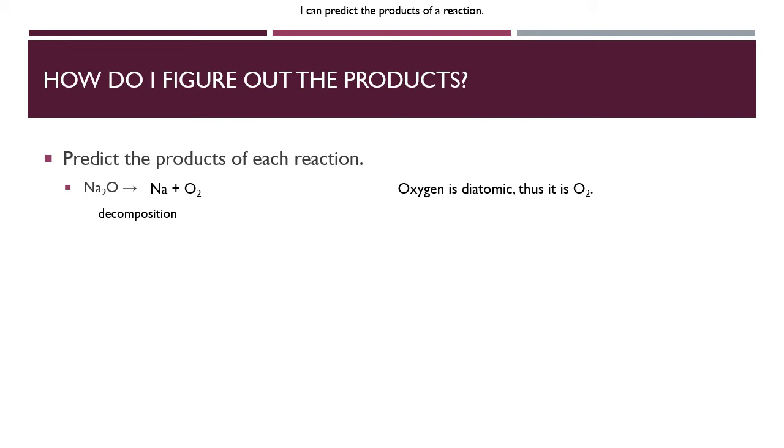Remember, the diatomic elements are nitrogen, oxygen, fluorine, chlorine, bromine, iodine. Notice how those 6, nitrogen over to fluorine, then down to iodine, make the number 7, and then the 7th is hydrogen. So those 7, if they are free elements, meaning if they're by themselves, are a 2-atom molecule. So O2, F2, Br2, H2, etc.